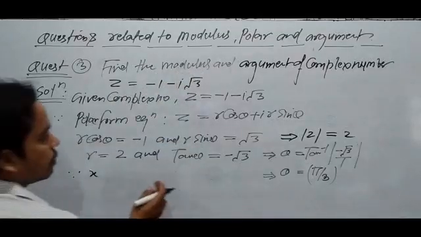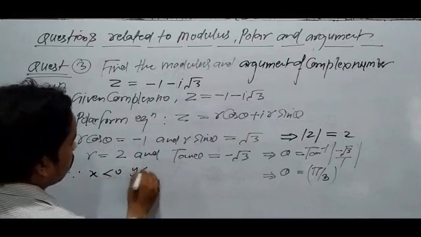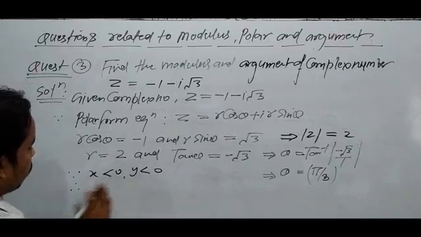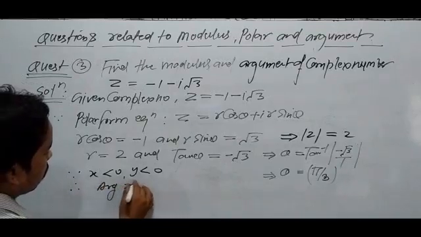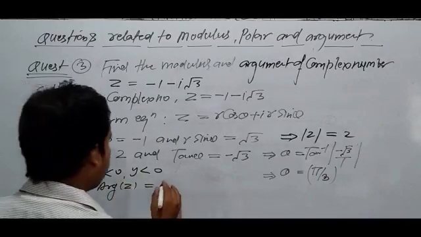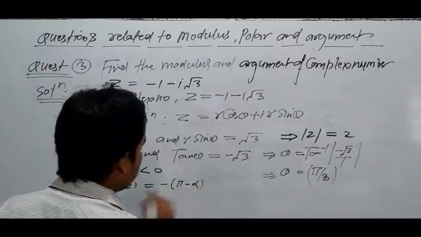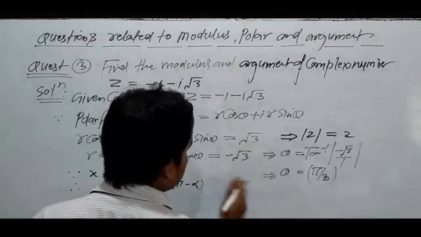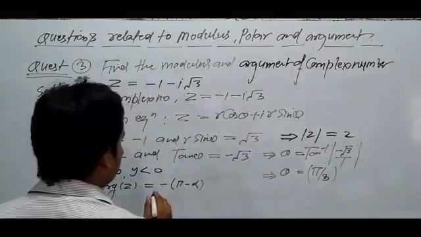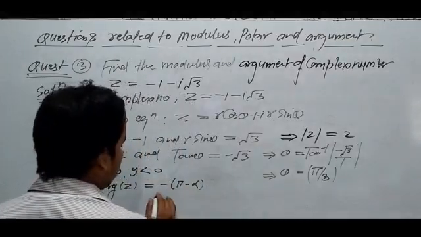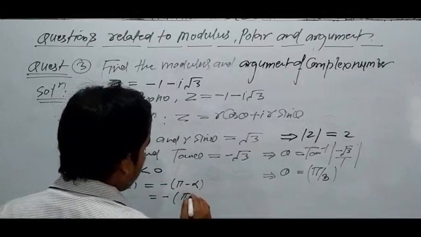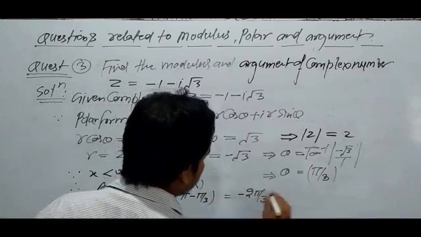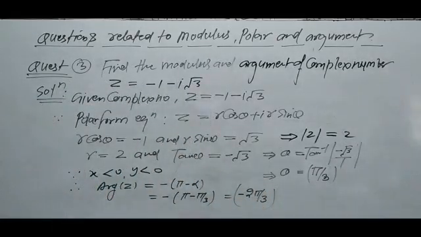So, x is less than 0 and y is less than 0, therefore the argument of z we can write as minus of pi minus alpha, and alpha is theta, in case of an acute angle. So this is acute. So you can write here minus of pi minus pi by 3, and its result will be minus 2 pi by 3. This is the argument of z.